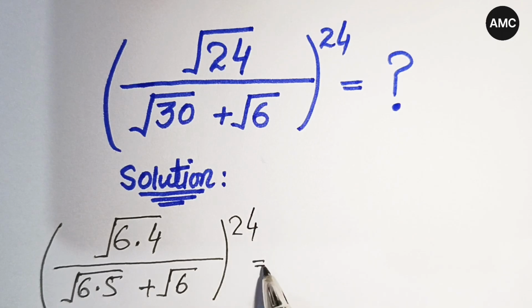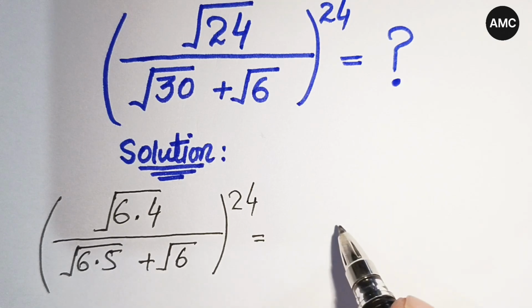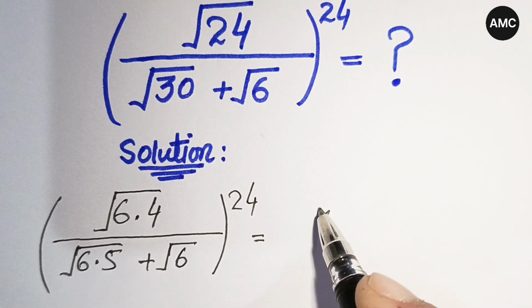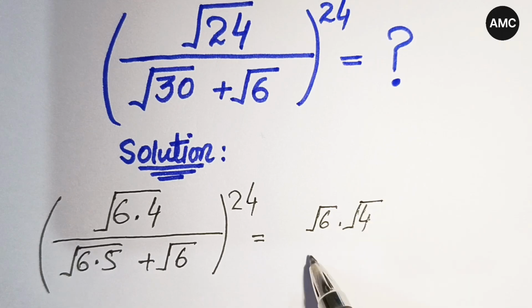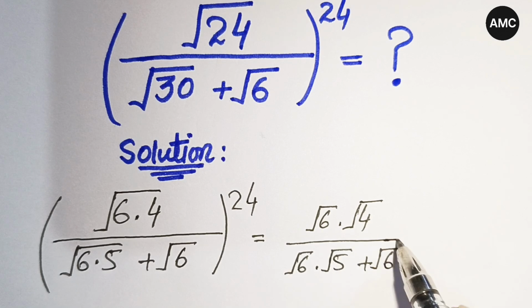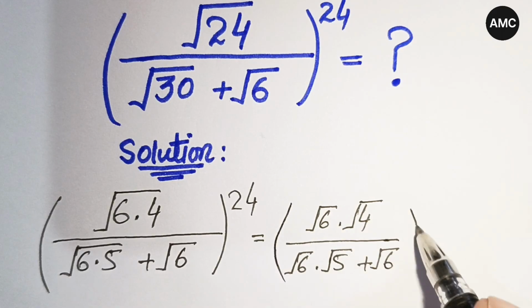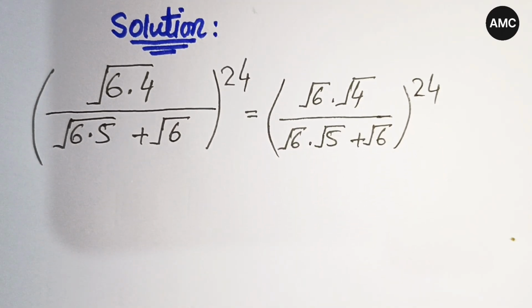That is equal to, now here the square root of 6 times 4 can be written as the square root of 6 times the square root of 4, all over the square root of 6 times 5 can be written like the square root of 6 times the square root of 5, plus the square root of 6, whole to the power 24.